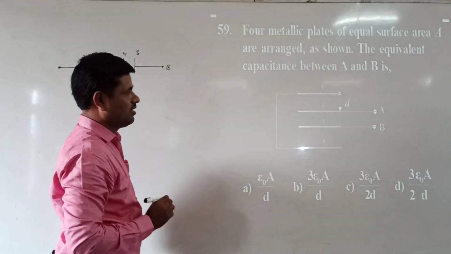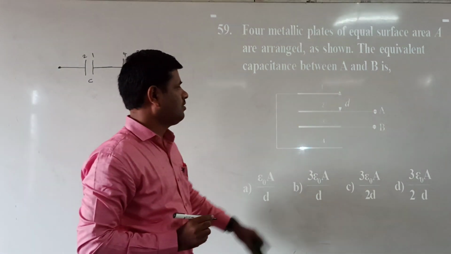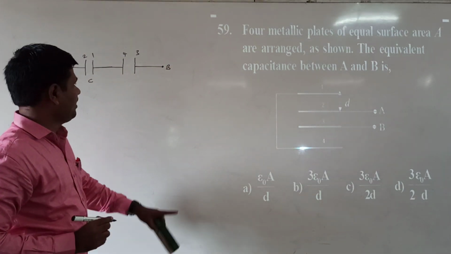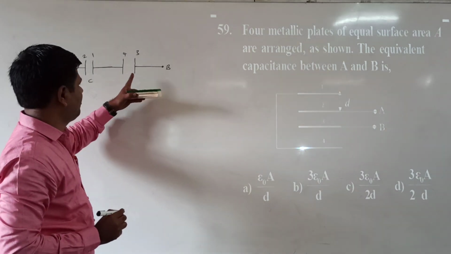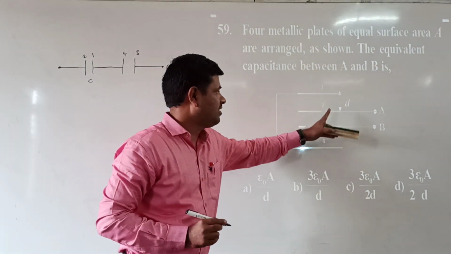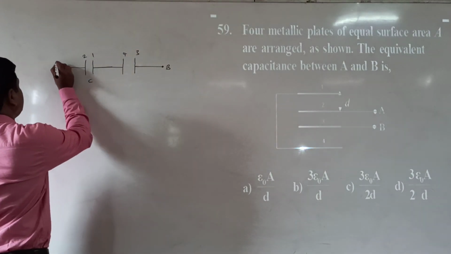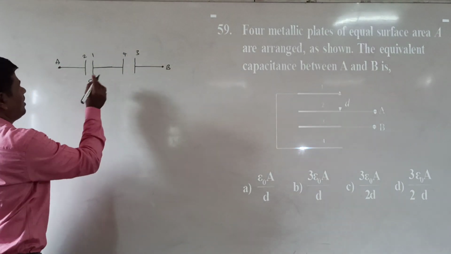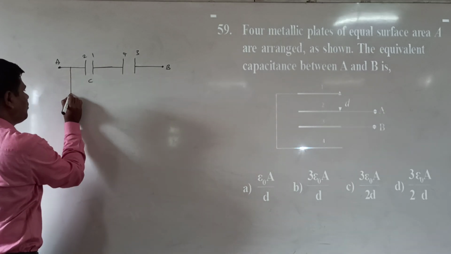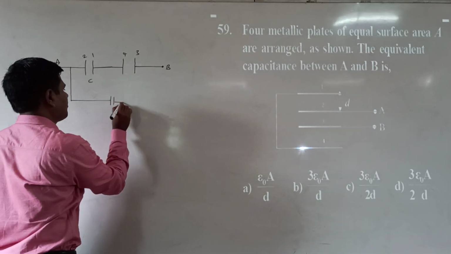Redrawing the diagram. In between 1 and 2, one capacitor is completed. 3 and 4, another capacitor is completed. In between 2 and 3 also, another capacitor is there. Here 2 is there, here 3 is there. Now in between 2 and 3, another capacitor we are taking.